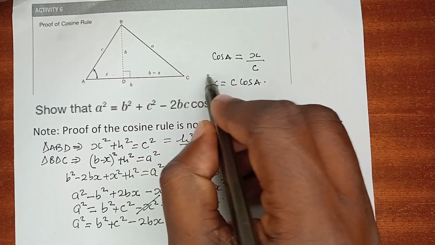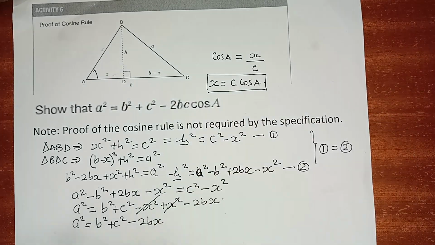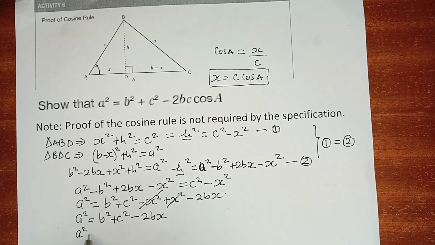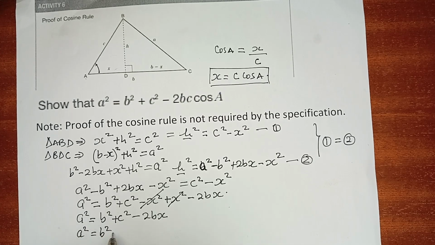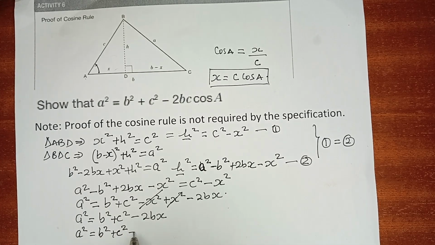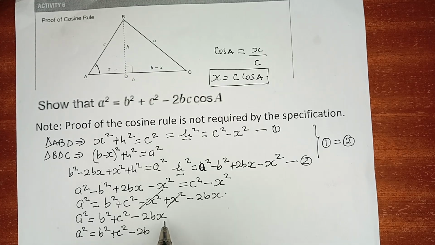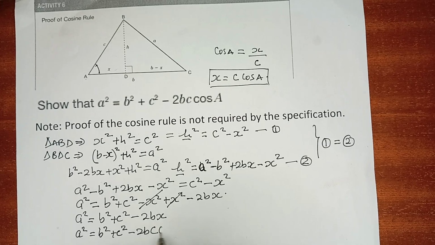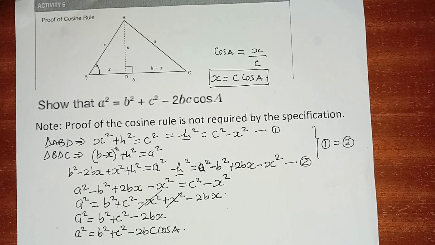So when we bring this into the main picture, we have a squared is equal to b squared plus c squared minus 2b, and then x is c cosine A, so c cosine A. And that becomes the cosine rule.